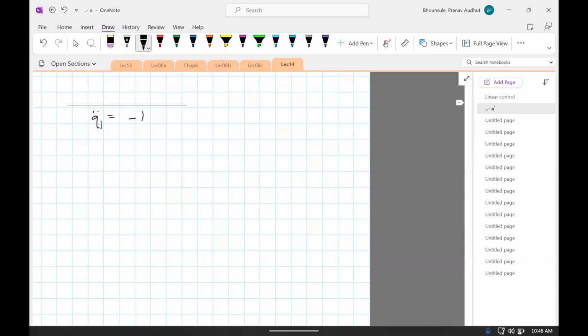This is minus K1 over M1 plus K2 over M1 times Q1 plus K2 over M1 Q2 minus U1 divided by M1.